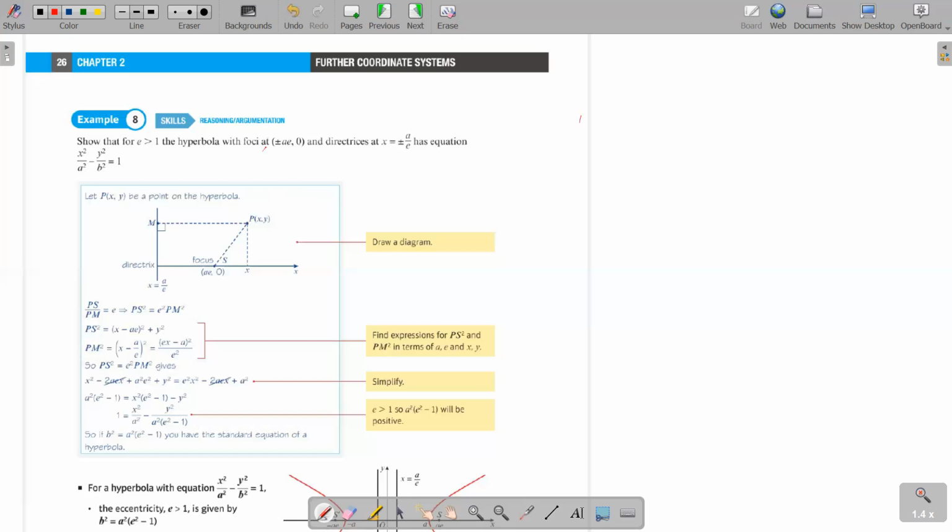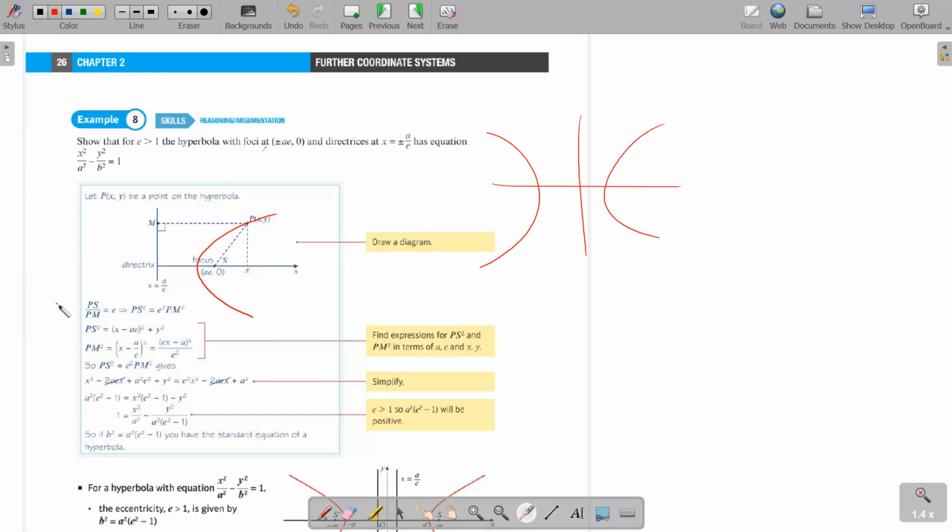Now you know the hyperbola goes like this. Can you imagine how this goes? This is probably how it goes, because the directrix has to be outside the shape and the focus has to be inside the shape. Can you see how the hyperbola goes? The other branch will go from the other side.